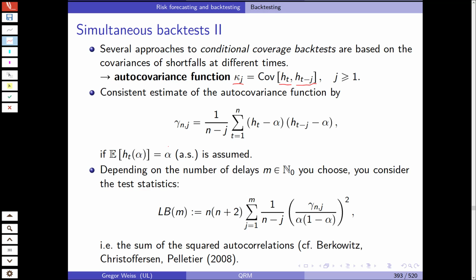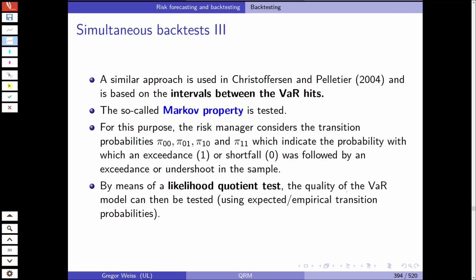And then depending on the number of lags you choose, you consider the test statistic LB, n times n plus 2, the sum of gamma nj, the estimator for the autocovariance function, divided by alpha times 1 minus alpha squared. And the sum of these squared autocorrelations is the test statistic for this test. For example, you can see this in the paper by Berkowitz, Christoffersen, and Denis Pelletier.